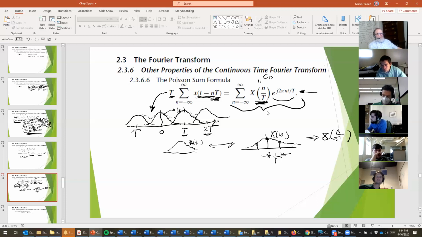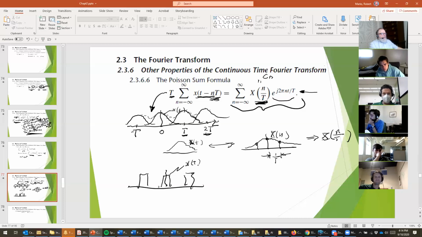Now, the interesting thing is that the Fourier series is a special case of this, isn't it? For example, if we were to look at a Fourier series like this, x of t would just be this triangle at the origin, correct? And then we would replicate it out by intervals of t.